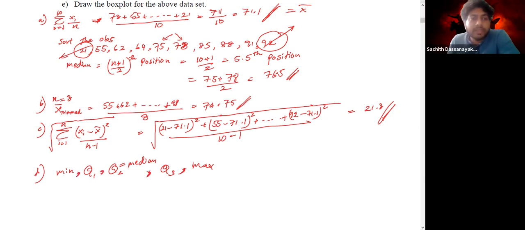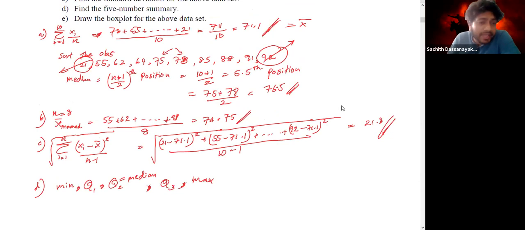You can find the minimum and maximum values easily by just looking at the observations. Minimum is 21, maximum is 92. Q2 you already found: the median, 76.5.